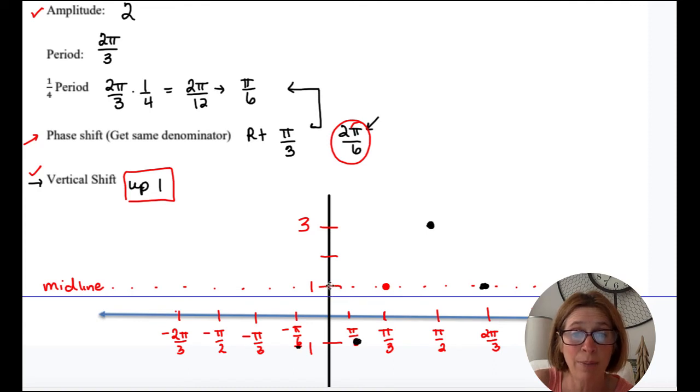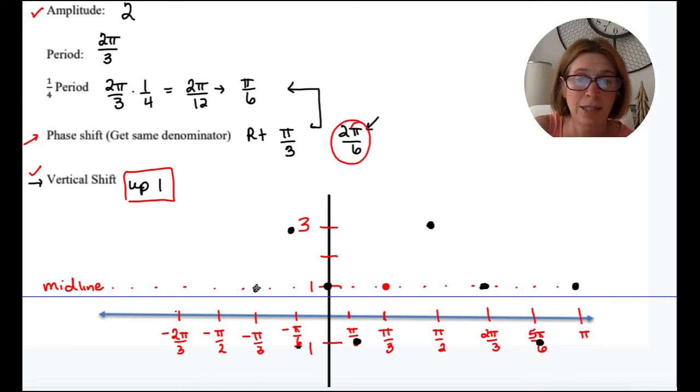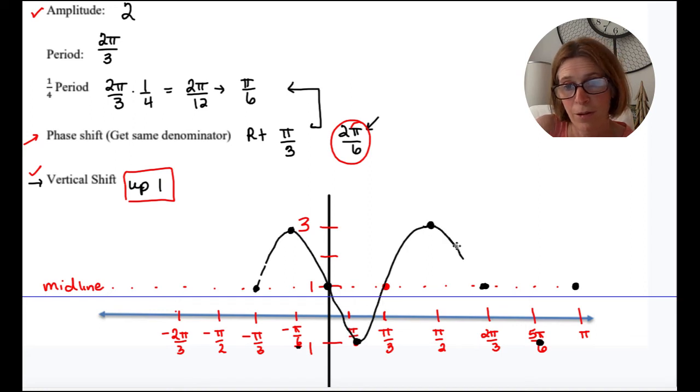At 0, I'd be back to the midline. At negative pi over 6, I'd be here, and then back to the midline at negative pi over 3. Now we got our sine graph, and there I can see 2 periods of the graph.